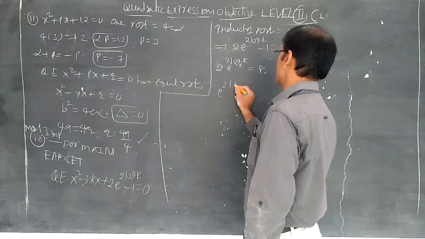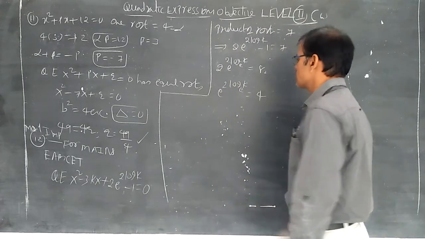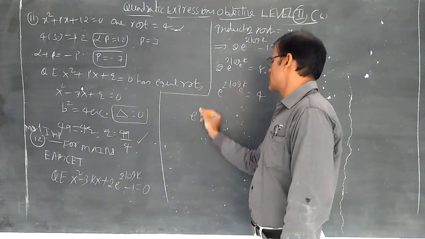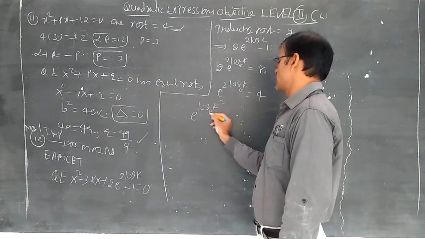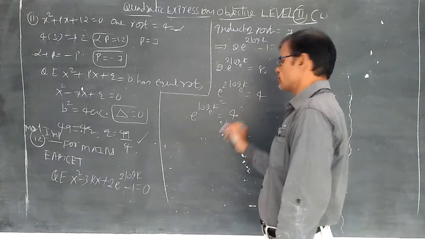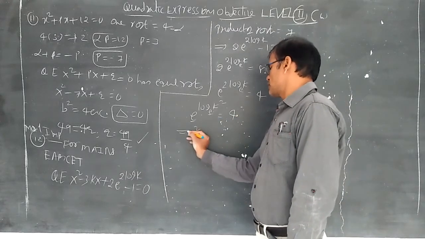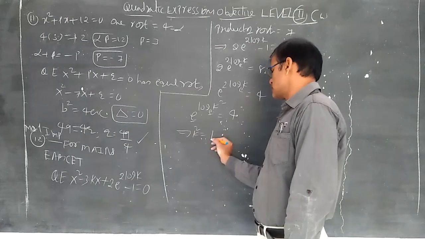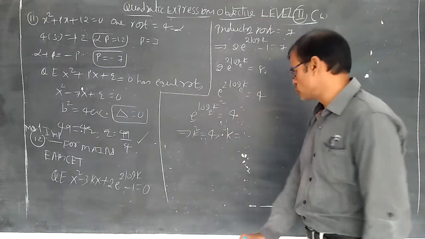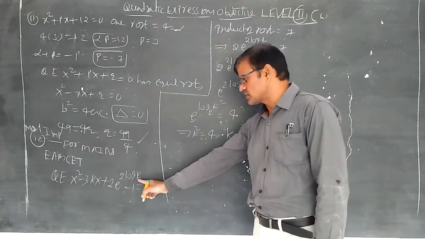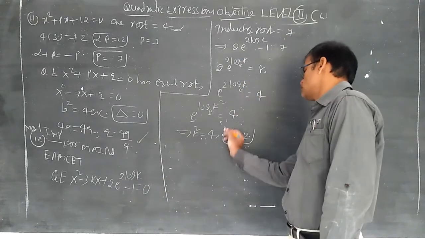So e power 2 log k is equal to 4. Next, e power log k square is equal to 4. Whenever e and e are equal, you can understand that k square is equal to 4. K is equal to plus or minus 2. You should not write minus 2 because log is not defined for negative numbers. So k is equal to 2 you take.